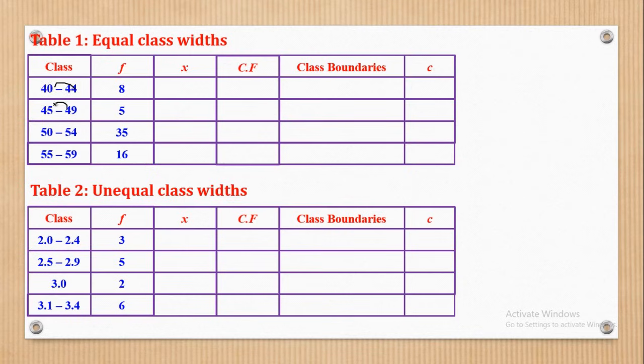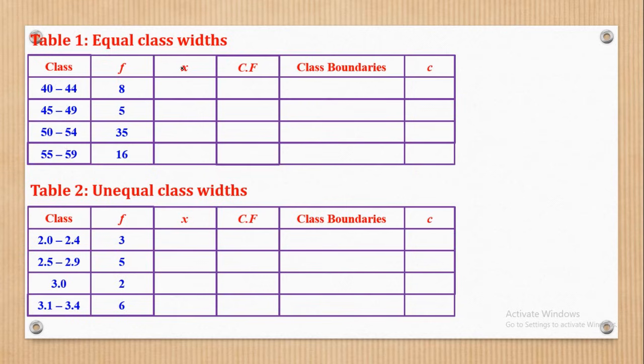Even here you get 4, even here you get 4, even here you get 4. So that means it has equal class width, but you must take note that 4 is not the class width. Why? Because class width is got from the class boundaries. What I'm getting at here is to help you realize whether the class width will be equal or unequal.